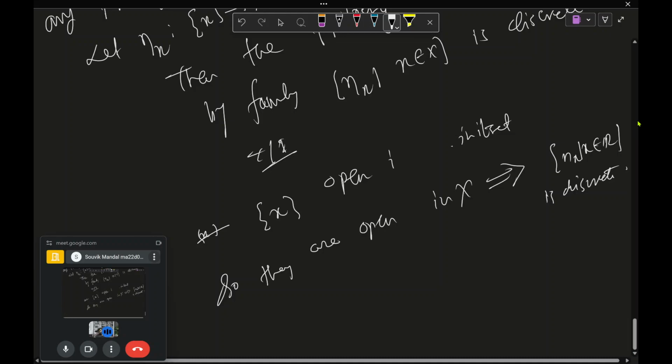So we have eta_x as the inclusion map. Whatever singleton is open in itself is open in capital X also. So this tells us that this collection eta_x is discrete. Okay, I shall be back.